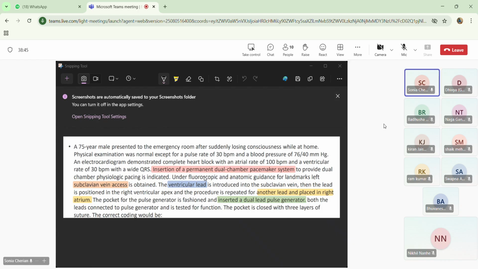So here, what is the procedure done? Tell me, I don't want CPTs, nothing. I just want to know whether you guys have understood the points which I just reiterated. Can anyone, like Divya, tell me what the procedure is here?